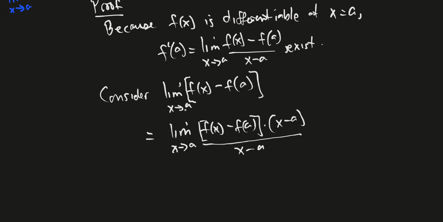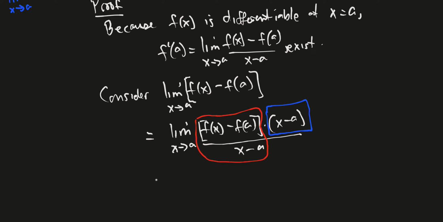Now, because we know that the limit of the difference quotient, which is this part, exists, then I can use my limit properties for the product and say the limit of this entire expression is equal to the limit of what I have in red times the limit of what I have in blue, right?